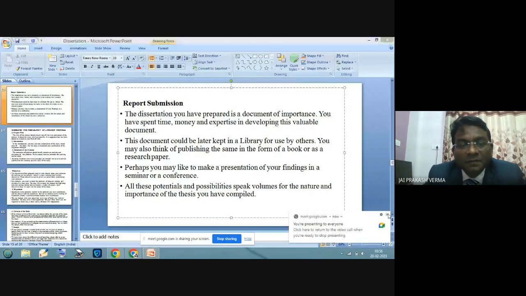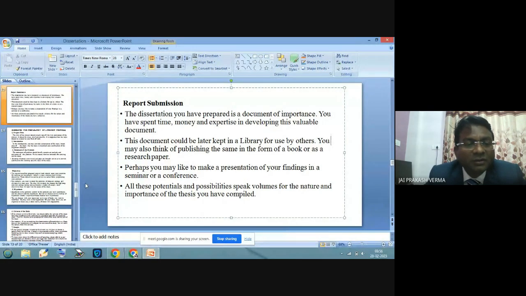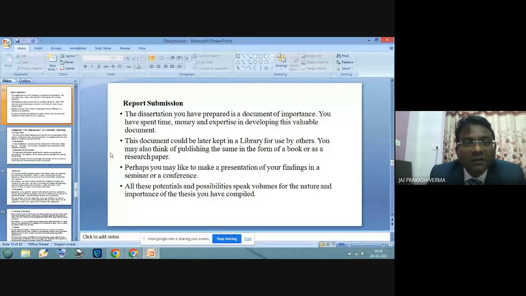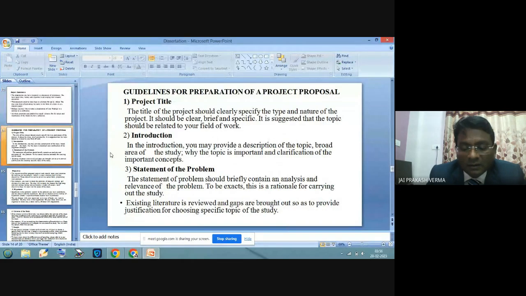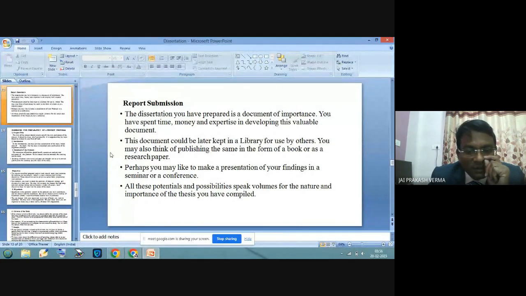So, report submission. We have already discussed about some report submission. Basically, the dissertation you have prepared is a document of importance. We have already discussed that data is very important, and through the data, if data is authentic, data is good, you have collected data very well, then that data must transform the livelihood of rural people.